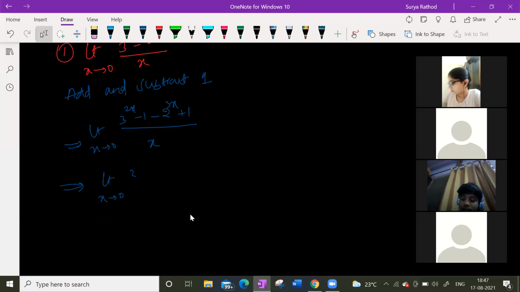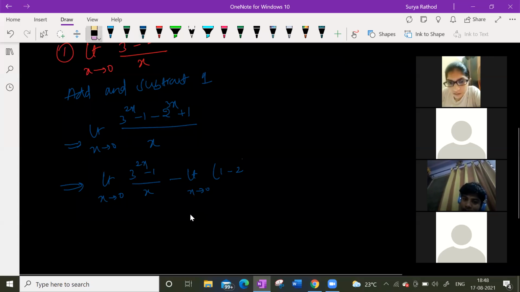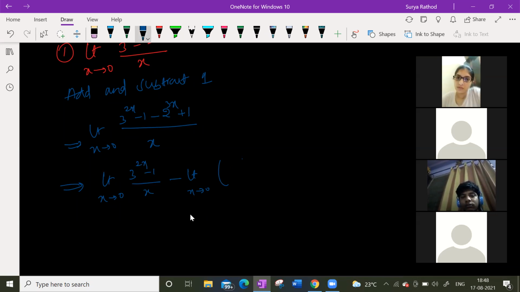Limit x tends to 0, 3 power of 2x minus 1 by x, minus, if I take minus common, limit x tends to 0, 2 power of 3x minus 1 divided by x.